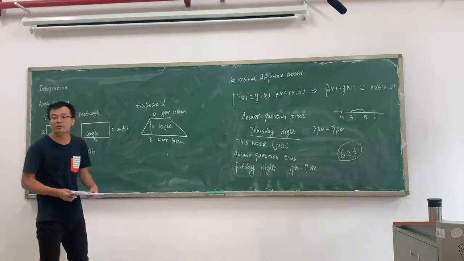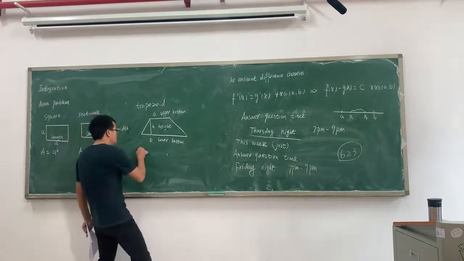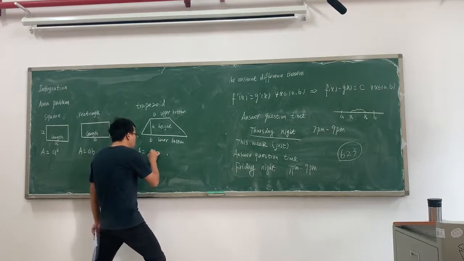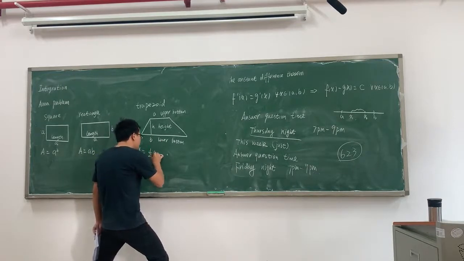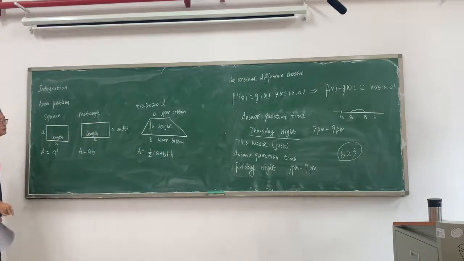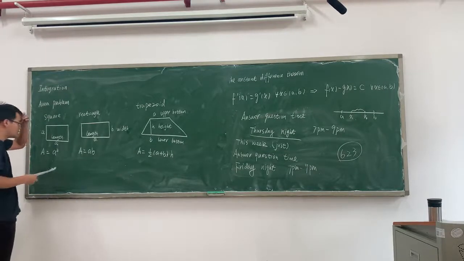So what's the formula of the area? The area is equal to 1/2 times (A plus B) times H. So this is the formula for the trapezoid.